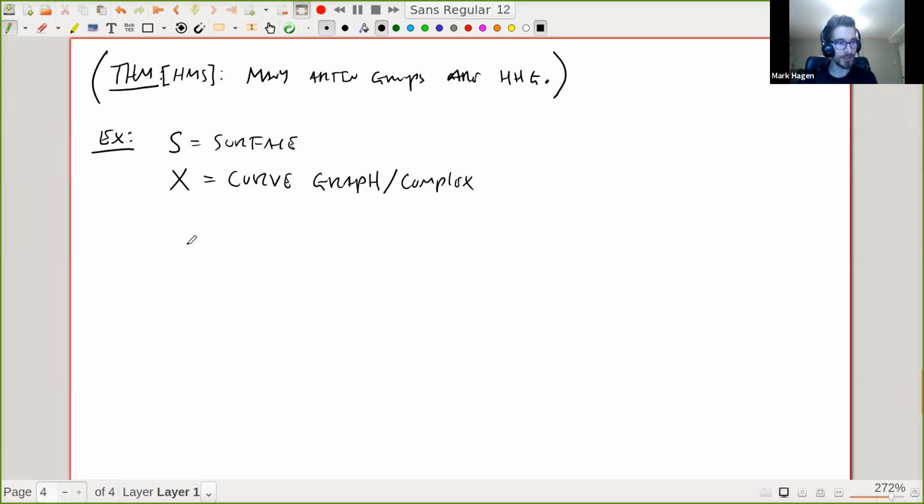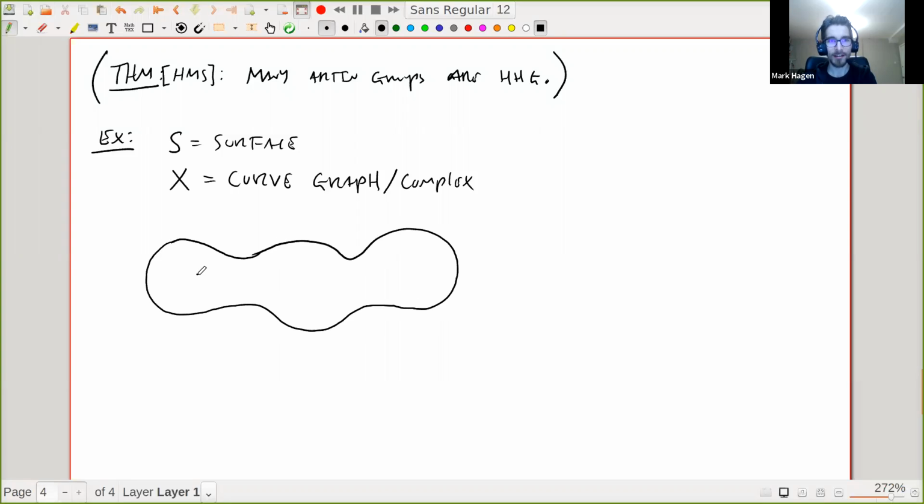And let's play with some links. So I just want to show you why links are hyperbolic and things like that. So there's S, and a simplex is a collection of disjoint simple closed curves.